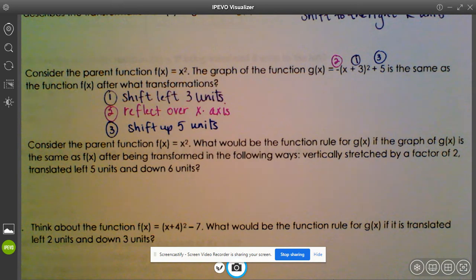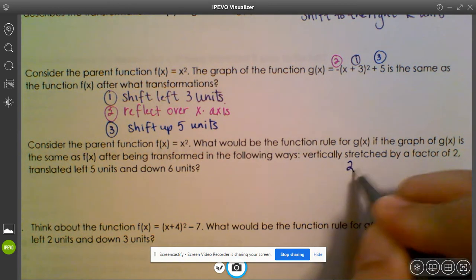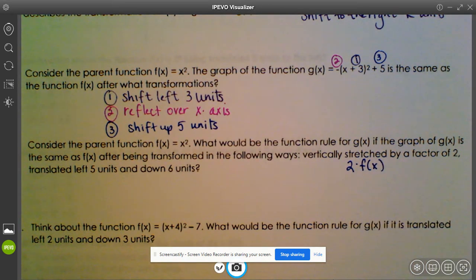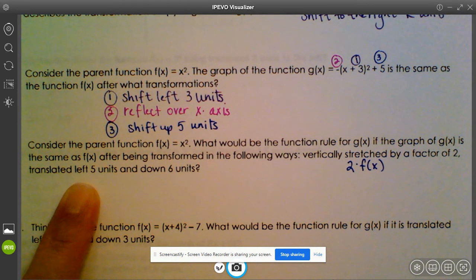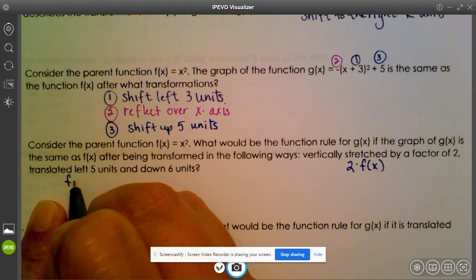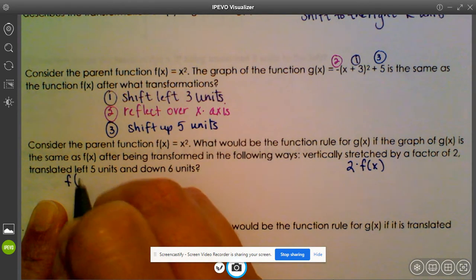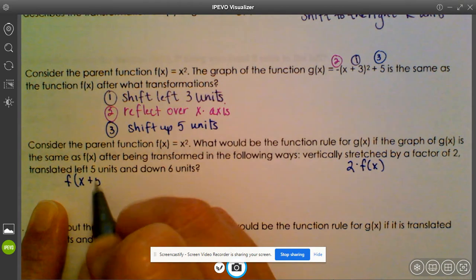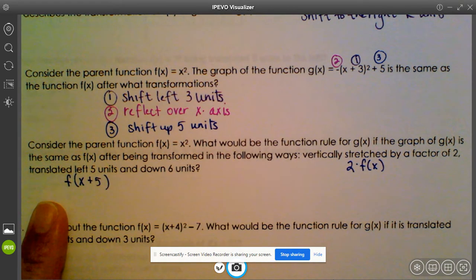First, it's going to be vertically stretched by a factor of 2. So that will take 2 times f of x, because when you stretch vertically, you're multiplying. We will translate to the left 5 units. Okay, so left means that we're actually going to add the 5.